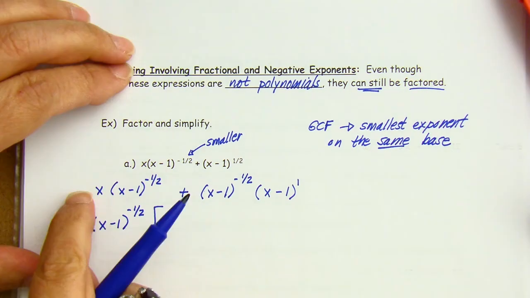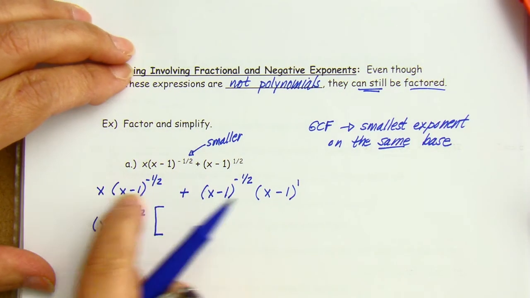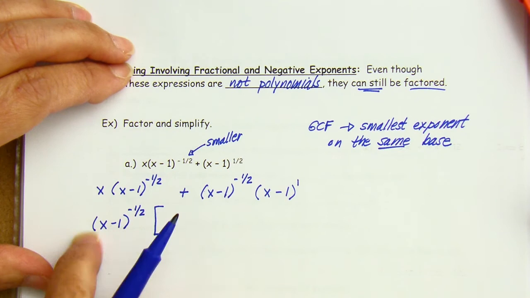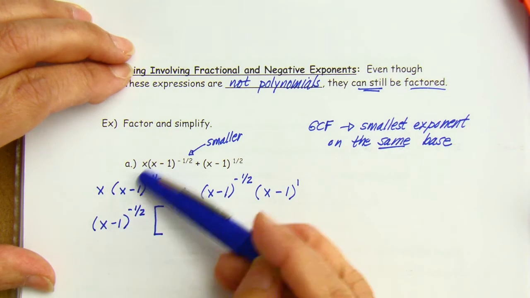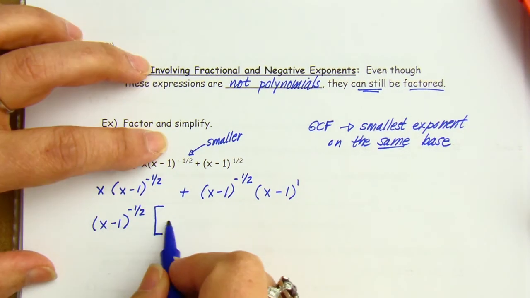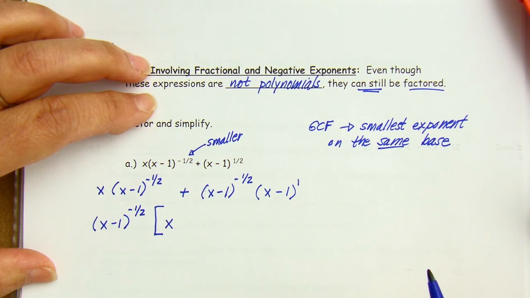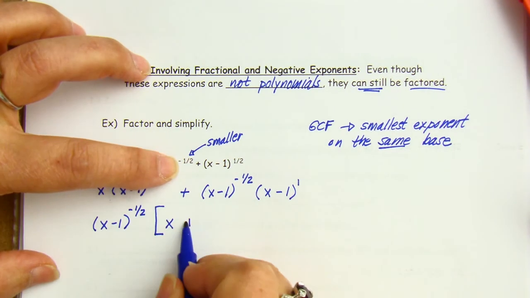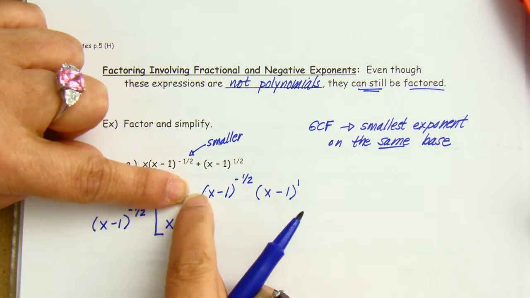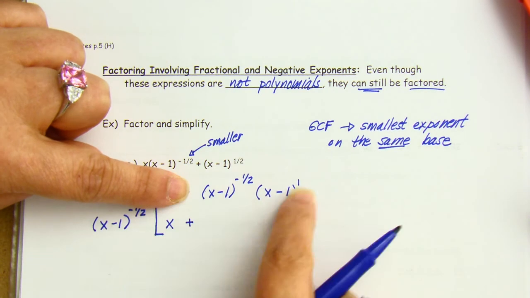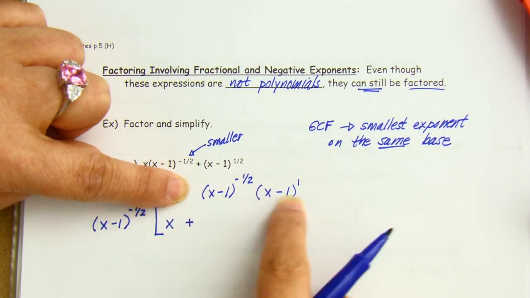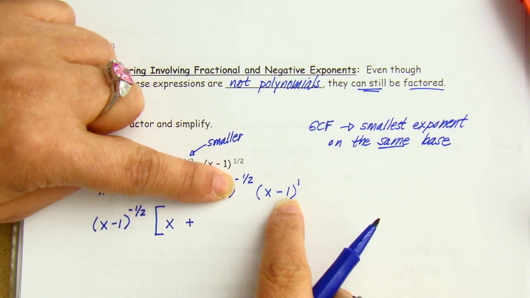So if I take the product of these two items and divide it by this, these are going to divide out, leaving me with x. So I put x right here. The sign is addition. And if I factor or divide out the GCF from this product, I'm left with a quantity x minus 1.